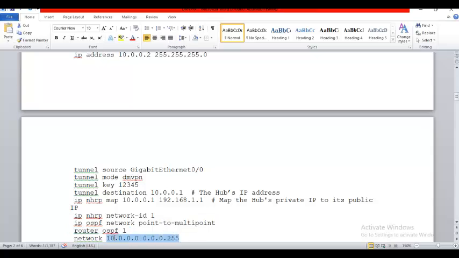The destination is nothing there on the top, whereas here the destination is the hub. You see, you're not giving the destination as the other spokes. You are giving only the hub. But spoke to spoke is dynamic. You don't need to care about it. NHRP will take care of it. All right. So is there any confusion in these commands?